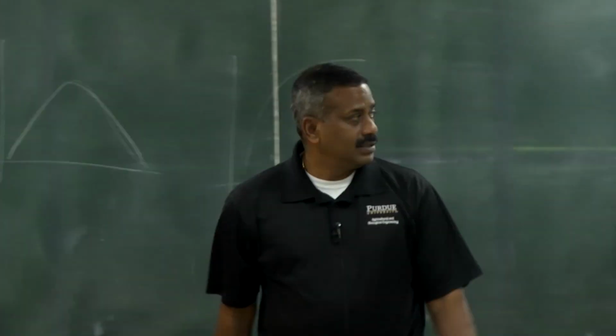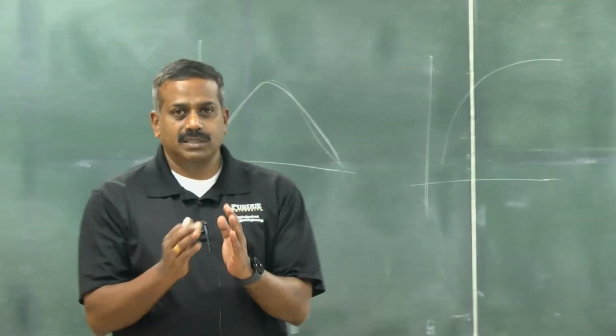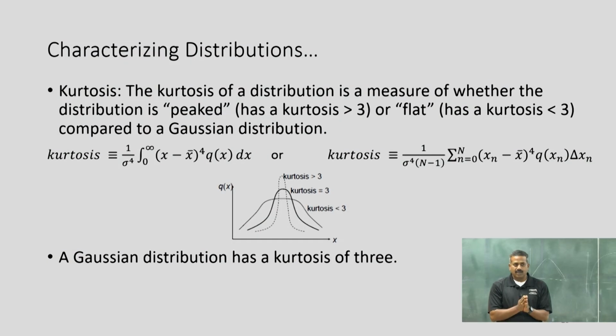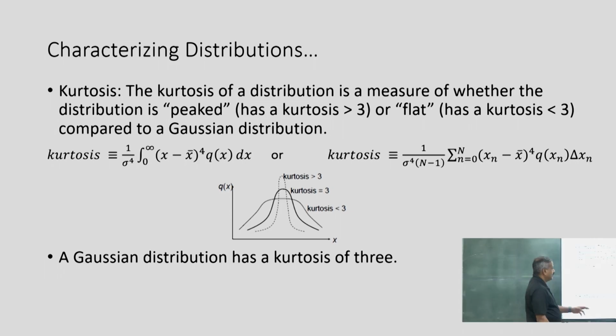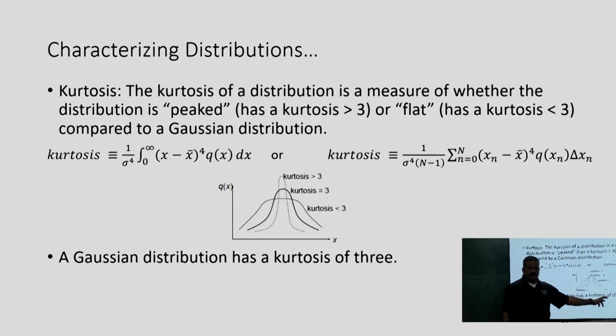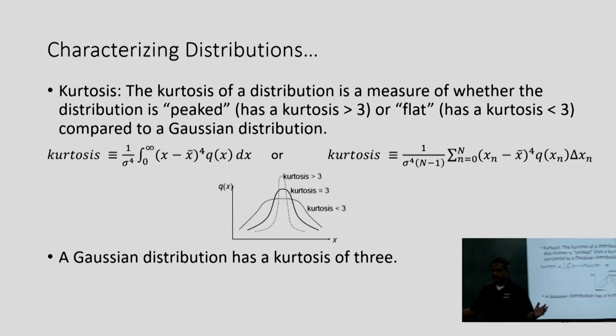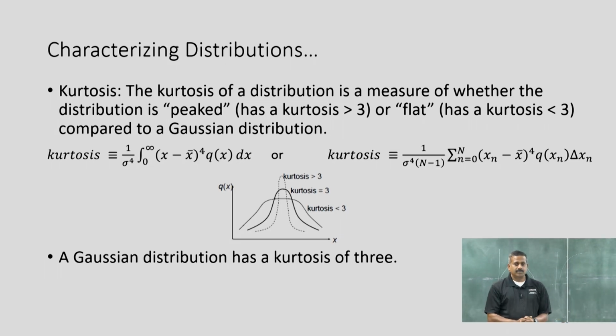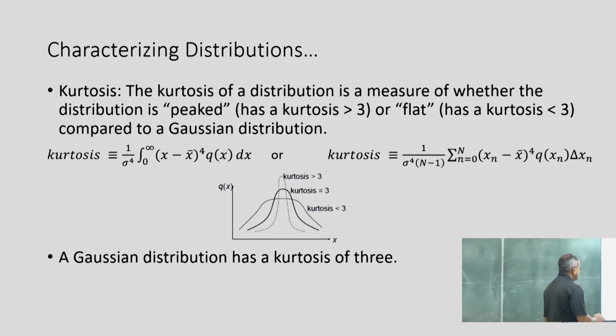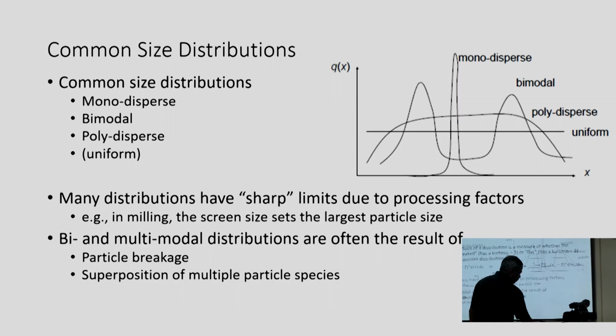If it's greater than 3, it's a much tighter distribution, almost uniform, same-sized particles in the mix. If it's less than 3, in general the distribution will be wider. If you have a mix of small and large particles, the kurtosis value will be much smaller. I'm not going into the calculations yet, just giving some information here.